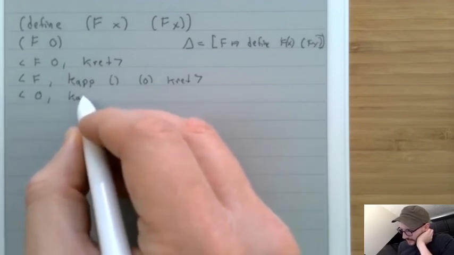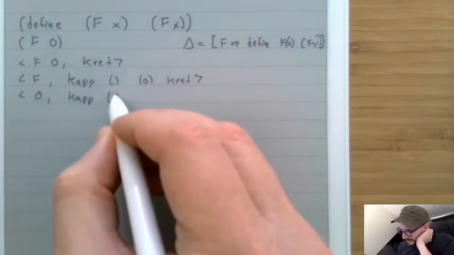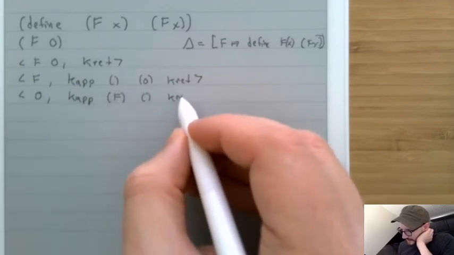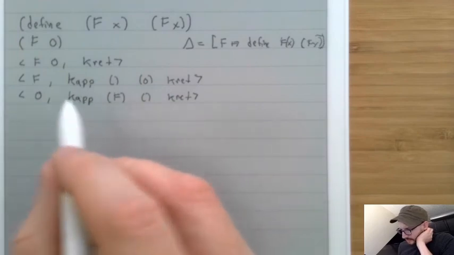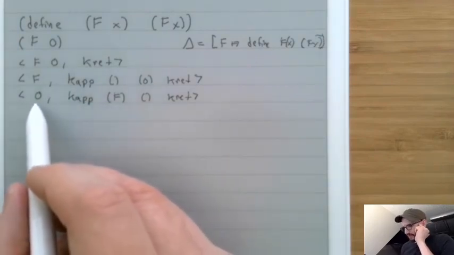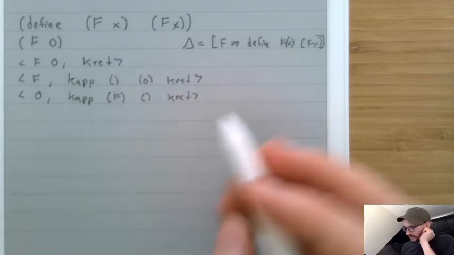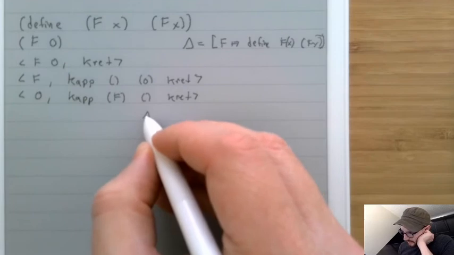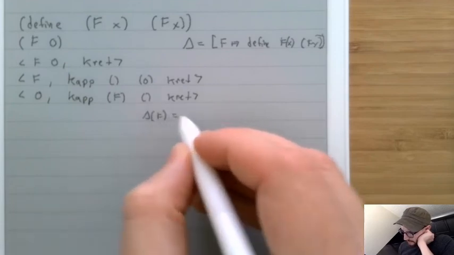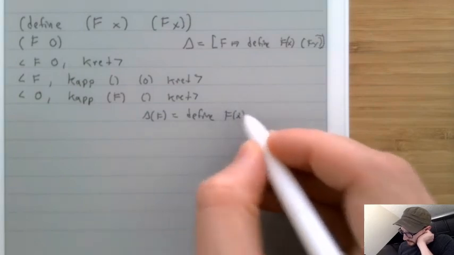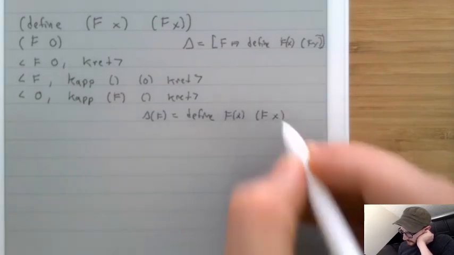We'd have a kapp of an f, and then no more arguments, and then the kret. Then we say, aha, there's a value there, and then there's a function. So what we need to do is say, what is delta of f? And we would get back define f of x, f x, okay?